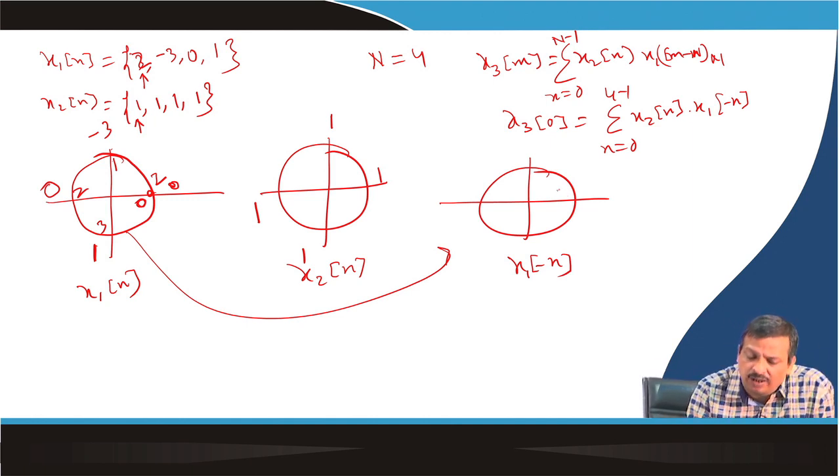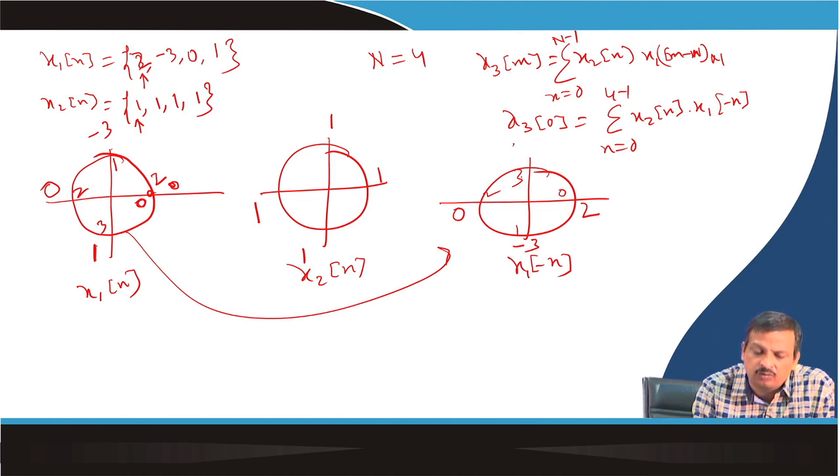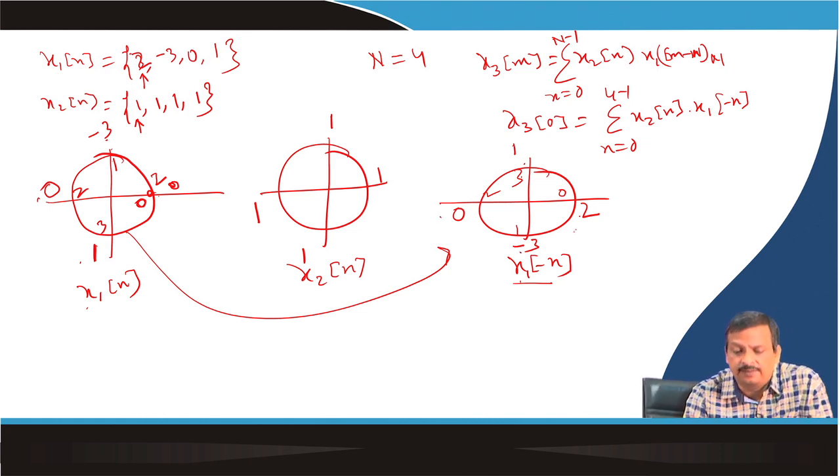If this is the 0 index, this is the positive direction and this is the negative direction: 0, 1, 2, 3. The 0 value is 2, the 1 value is minus 3, the 2 value is 0, and the 3 value is 1. So, x[n] is 2, minus 3, 0, 1 and x1[minus n] is 2, 1, 0, minus 3, on this side.